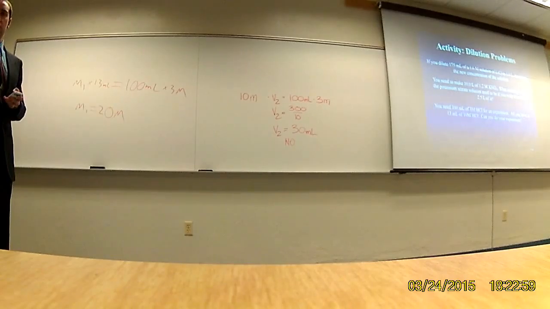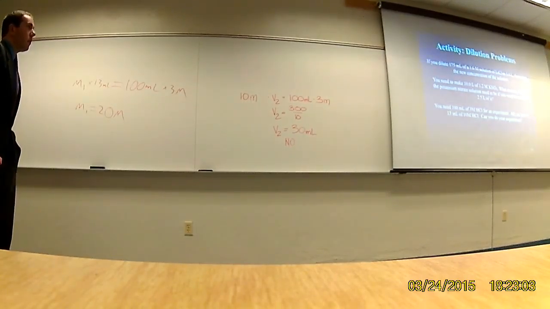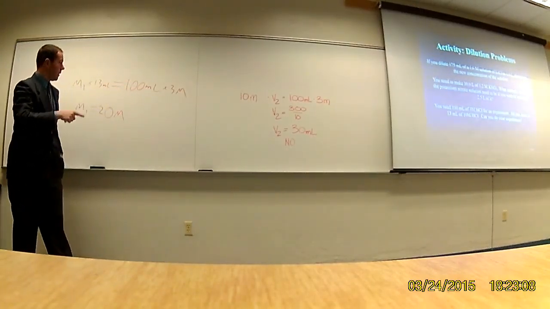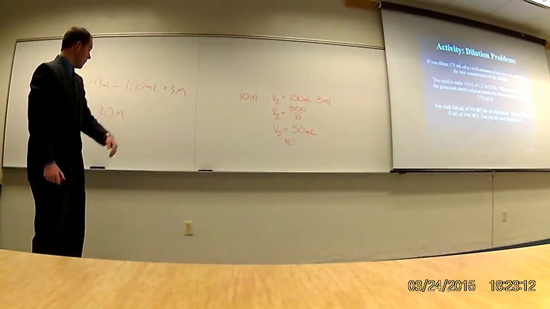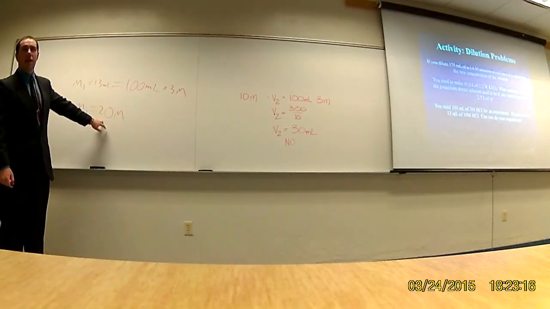You have 23 point. Right, but there's one sig fig. So which means if you're going to use 13 milliliters, you would have to be 20 molar to get the correct concentration at the end. Ours is only 13, so you're not going to get the right concentration.